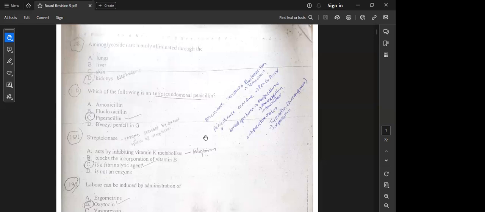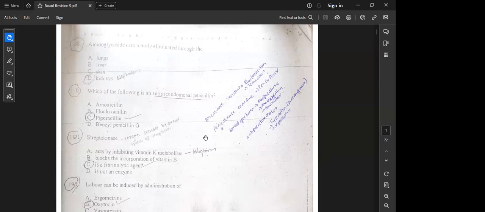Which one was notorious for causing a higher rate of ototoxicity? Gentamicin. Okay, you're right.